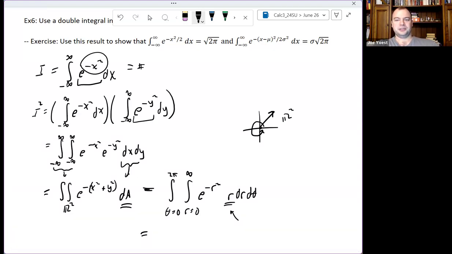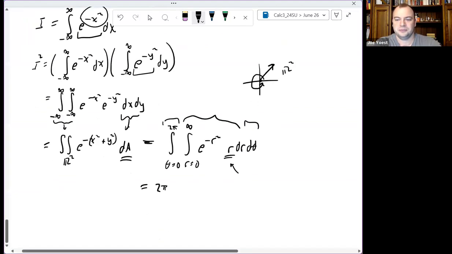I see that this is actually, from theta's perspective, the integral of a constant d theta. That whole integral, r equals 0 to infinity, e to the minus r squared, r dr, that whole thing is just a number, it's just a constant. So this is just 2 pi minus 0 times that constant.